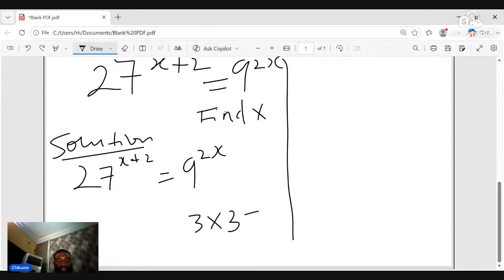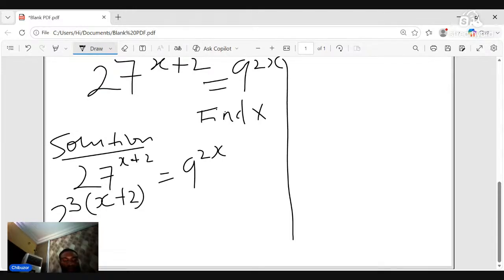So having established that 3 is the common base, what do we say? We say 3 raised to power 3 times x plus 2 is equal to 3 raised to power 2 times 2x, right?